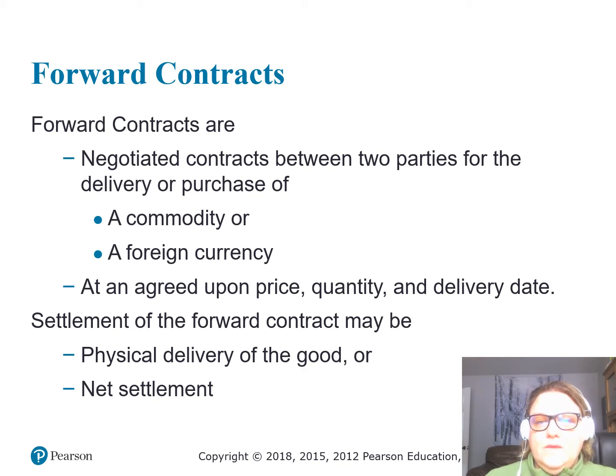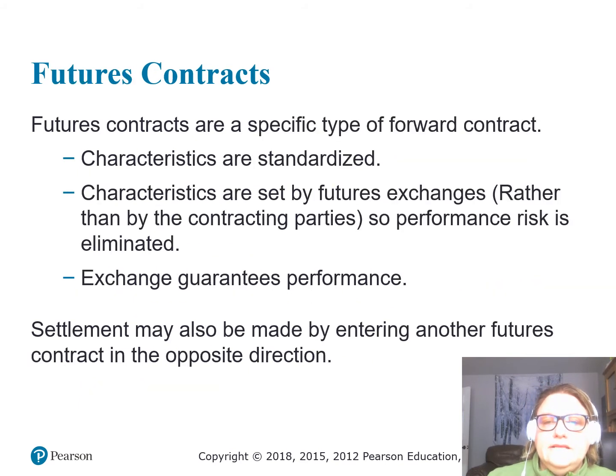And once I get this agreed upon, I'm going to have to pay a little extra to guarantee that, basically. And then once you agree upon everything, you settle the contract once the oil is delivered. So you can write a forward, and then as the oil is getting delivered, you can do what is called a settlement.